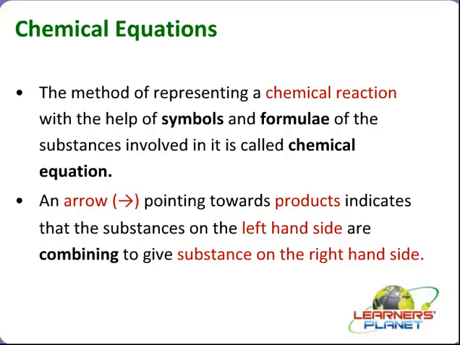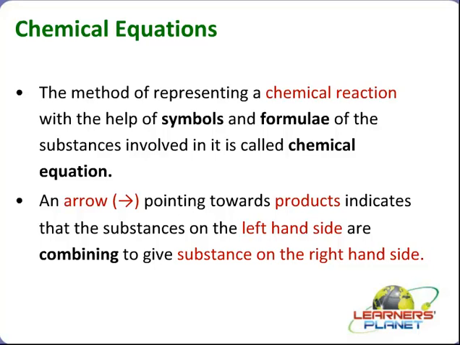So, what are the substances involved? They are the reactants and the products. The reactants are chemical compounds. They all have their symbols, and you can write their formula also.